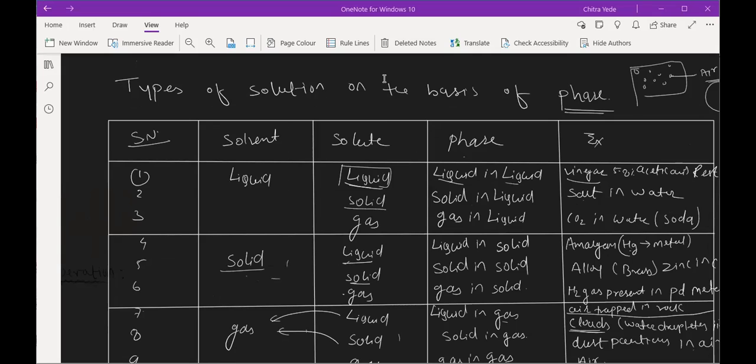Ritvik, any doubt, beta? No, sir. One doubt is we have these storm clouds, right, sir? Their storm clouds are essentially crystallized ice, crystallized raindrops.